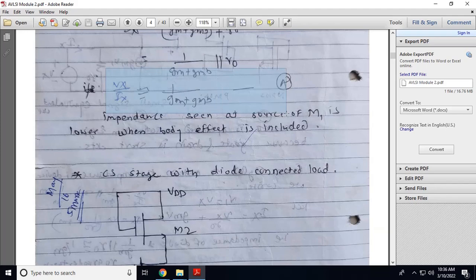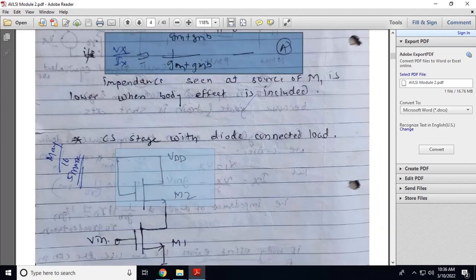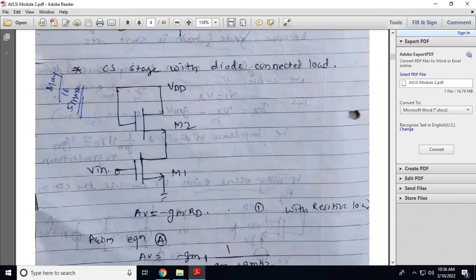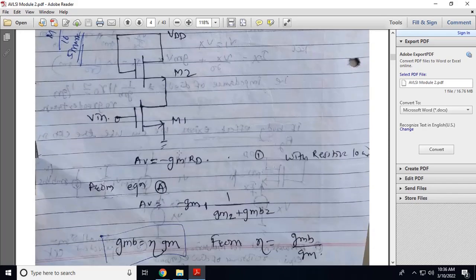So from this equation, for a diode connected device, the resistance is 1 upon Gm of this MOSFET 2 plus GMB of this MOSFET 2. So the diode connected load equivalent impedance is 1 upon Gm plus GMB. So instead of RD, we use this equivalent resistance for the diode connected device, that is 1 upon Gm plus GMB. We write a 2 here because this is MOSFET 2.